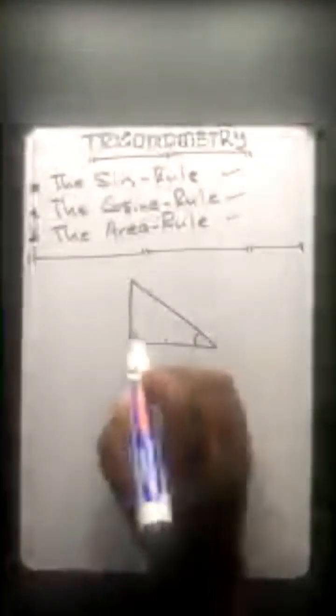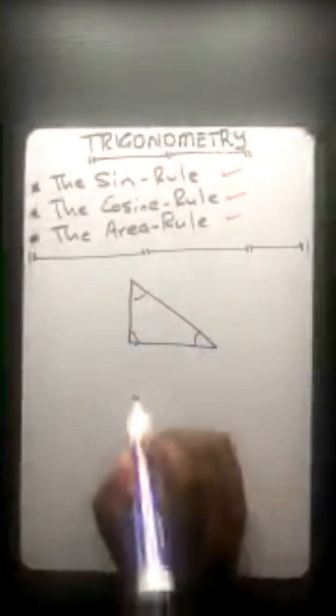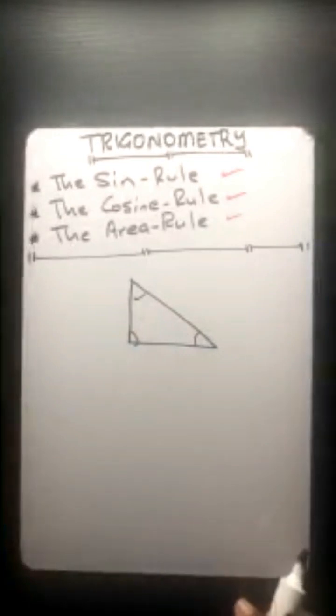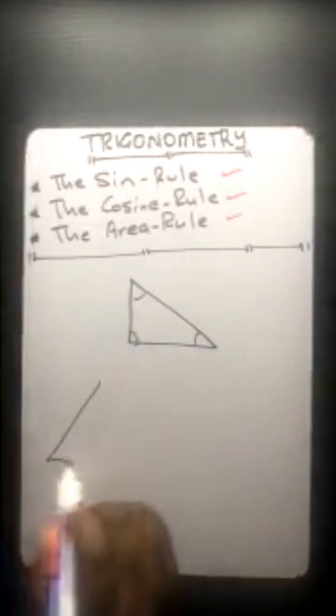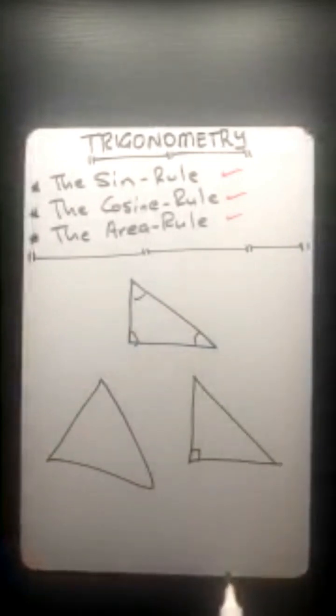How many angles? 1, 2, 3 angles. If you remember, I said we've got two types of triangles: one which is just a triangle and another which is a right-angled triangle. All along, we've been discussing what we call a right-angled triangle.